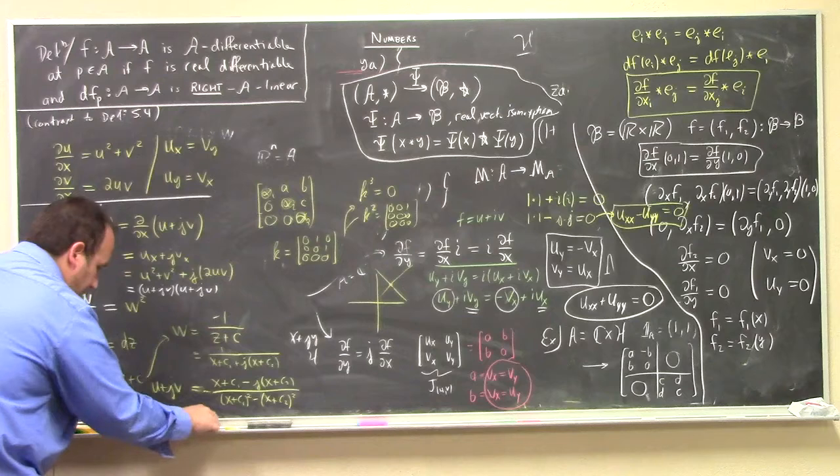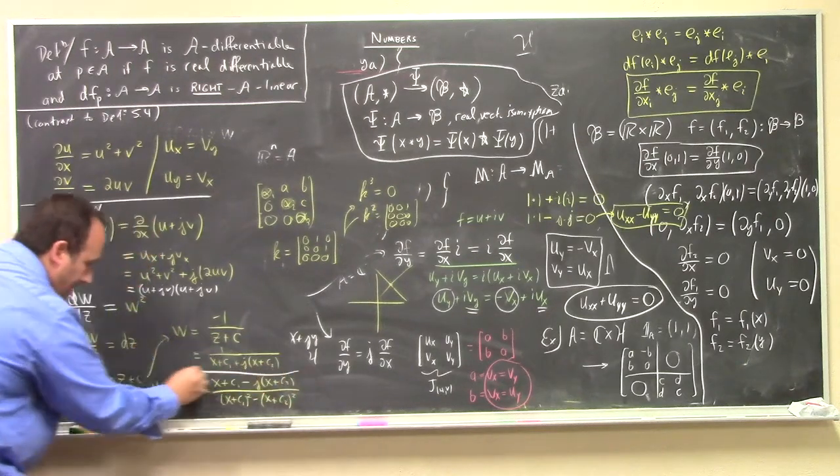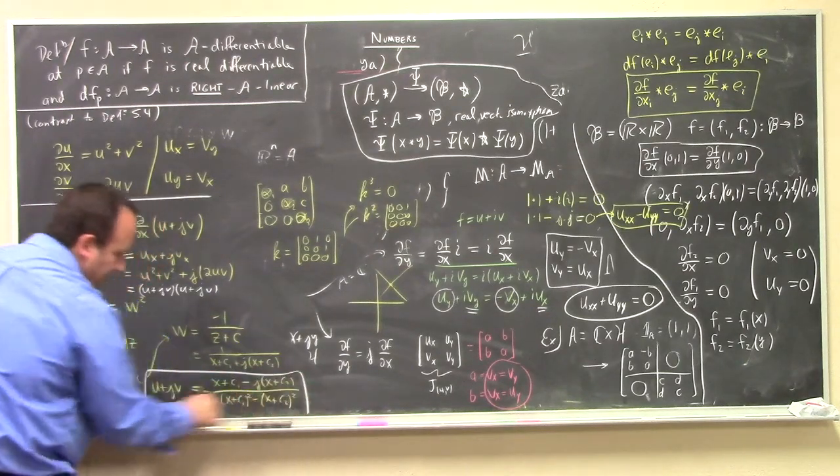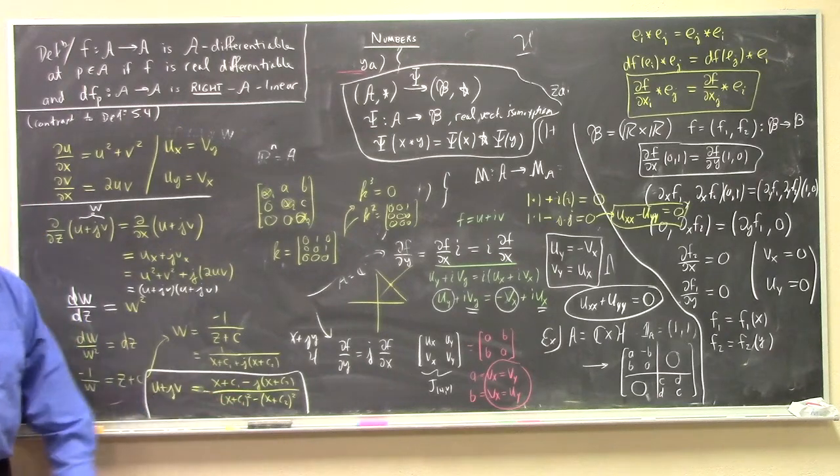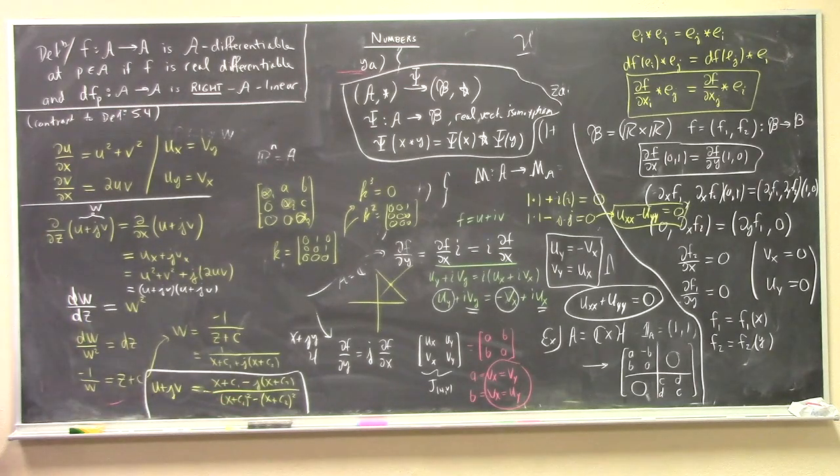But you see that equation right here? See this? If you equate u with the real part over here, you get u is equal to -(x + c1) divided by (x + c1)² - (x + c2)².